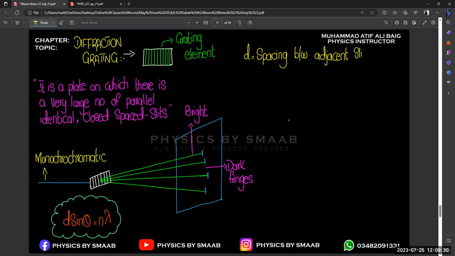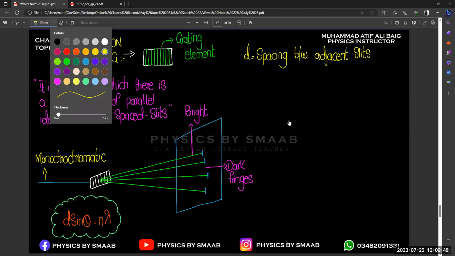In most questions, they ask you to find d, because they just mention, let's suppose, there are 600 lines per centimeter. If you want to convert into meters, it's up to you how you convert. Sometimes they ask in nanometers, sometimes in millimeters.